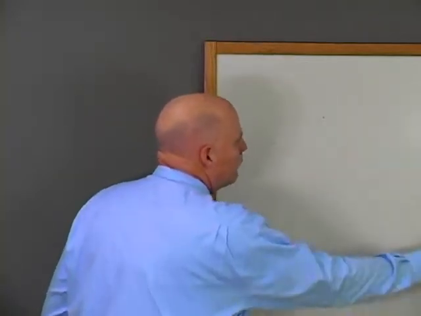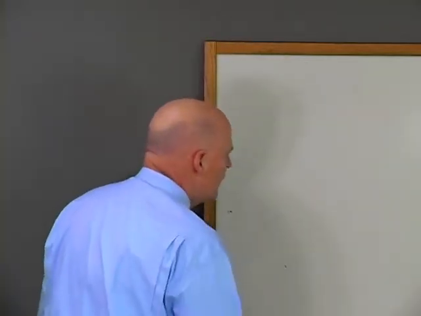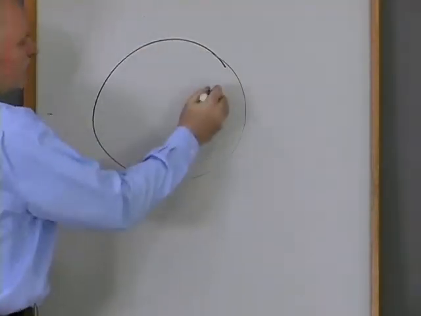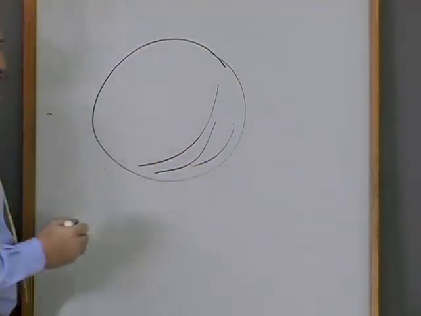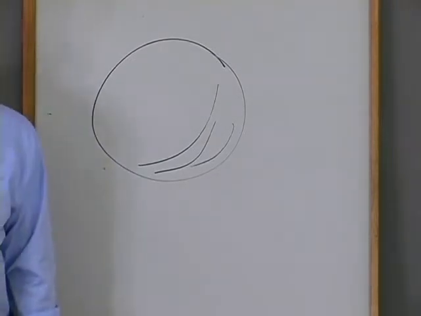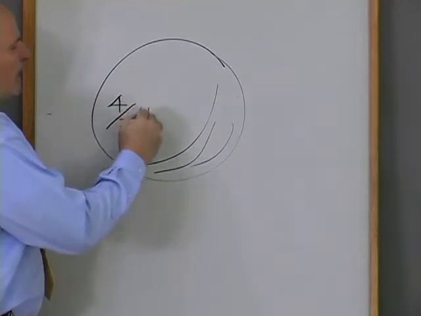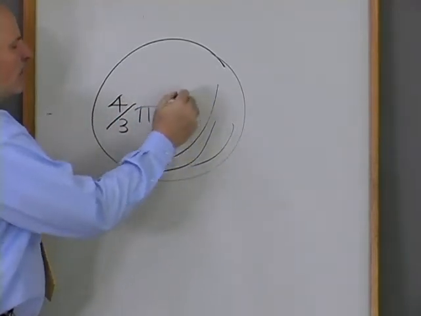And I can't explain where this comes from, but it's the volume of a sphere, a ball. Here's the formula. 4/3 pi r cubed.